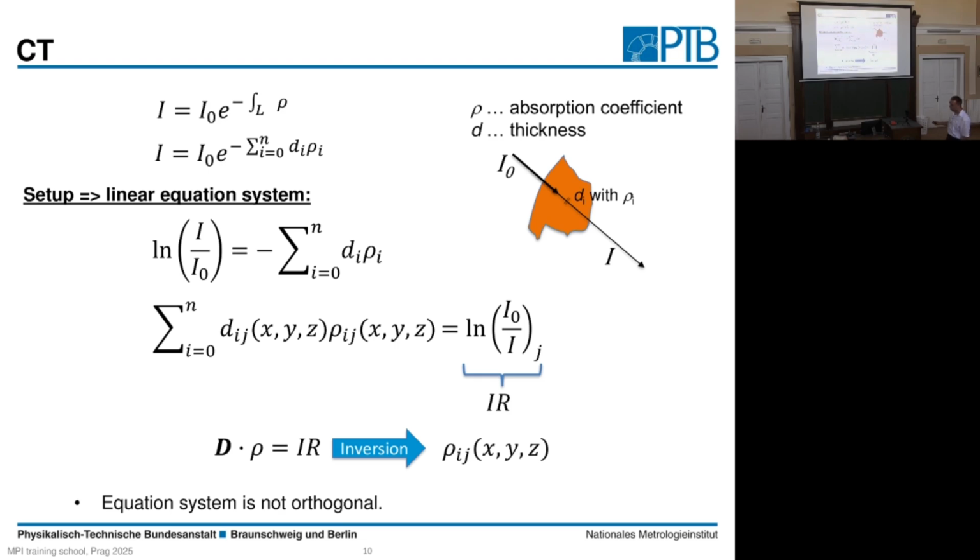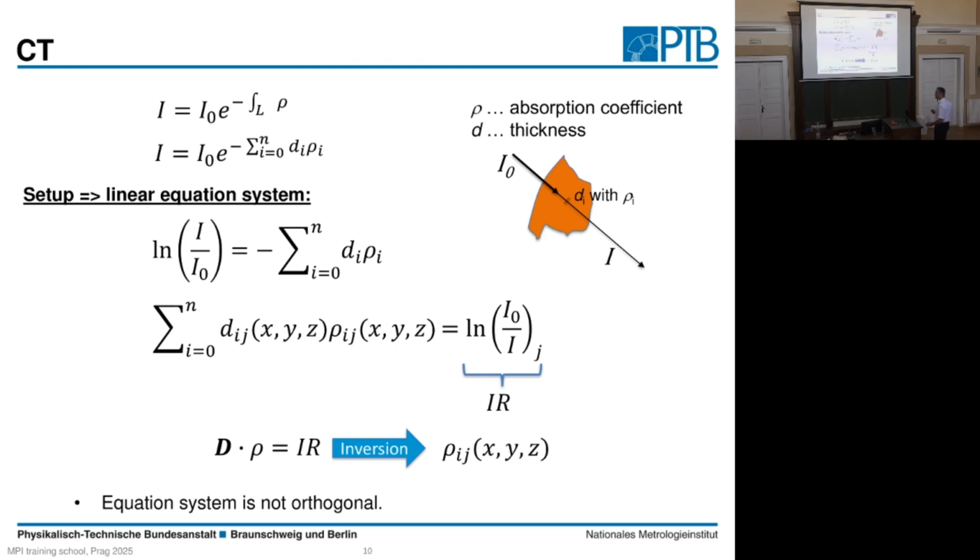Typically we have to do this numerically, so we discretize this, and the integral becomes a finite sum, with very small pieces dI, where we define a certain rho, the value that we would like to have.